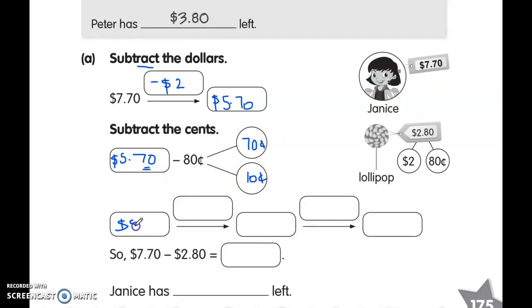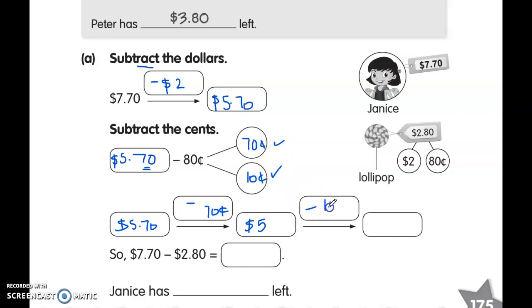So $5.70 minus away the 70 cents first. Remember your minus sign? Now when we take 70 cents minus 70 cents, gives us $5, right? Very straightforward. So now we have already subtracted 70 cents. Now let's minus the 10 cents.